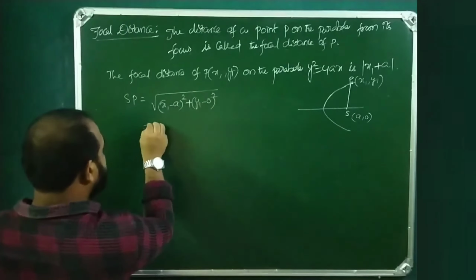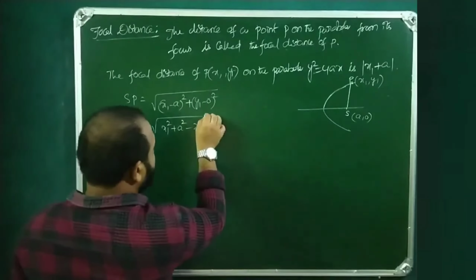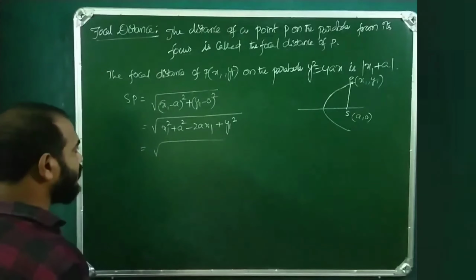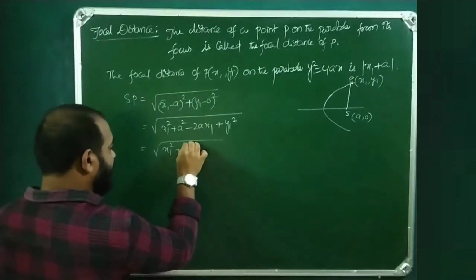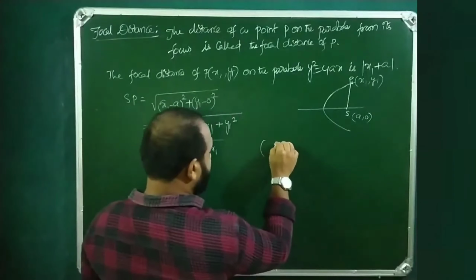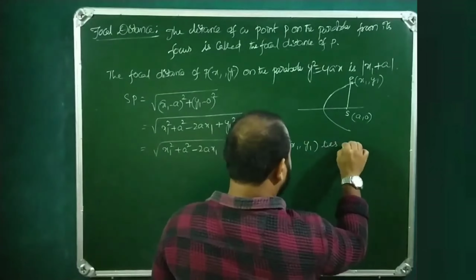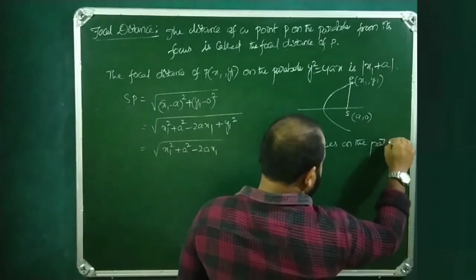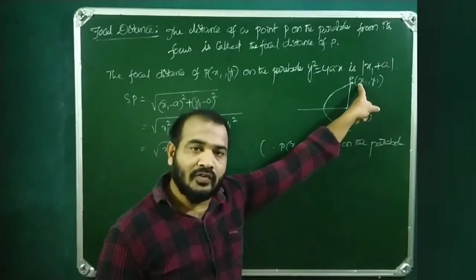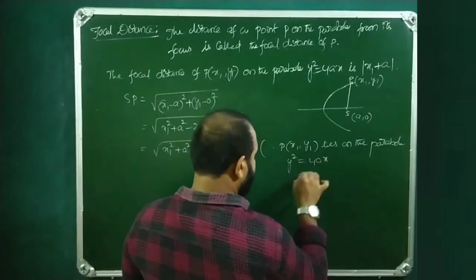This equals square root of x1 square plus a square minus 2ax1 plus y1 square. Since P(x1, y1) lies on the parabola, it must satisfy the equation of the parabola y square equals 4ax.